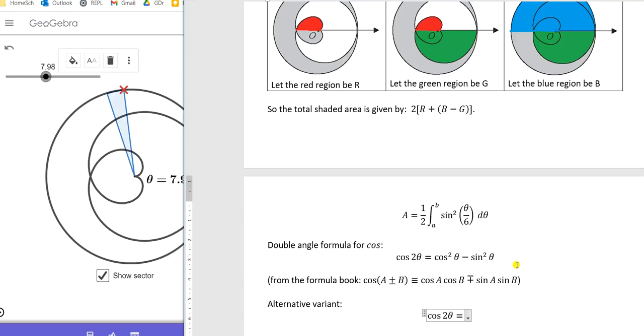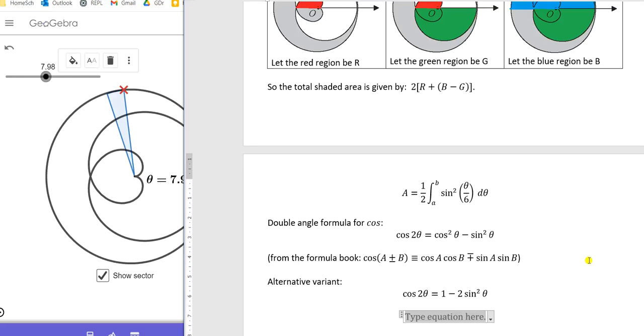We can find a way of swapping one out for the other one. In this case, if we replace cos squared theta with 1 minus sine squared theta, we end up with 1 minus 2 sine squared theta. Once we have that, we can rearrange it a little bit so we can produce sine squared theta equals 1 minus cos 2 theta over 2.